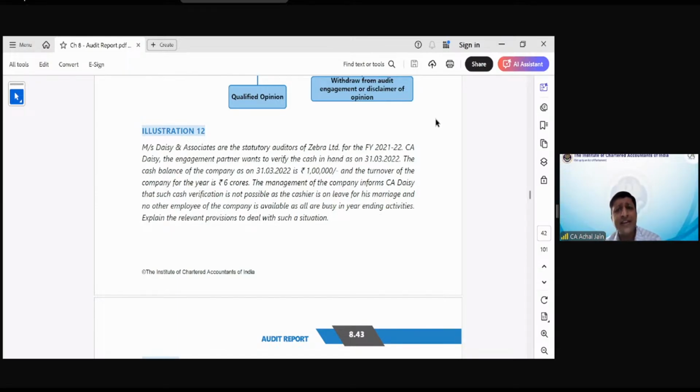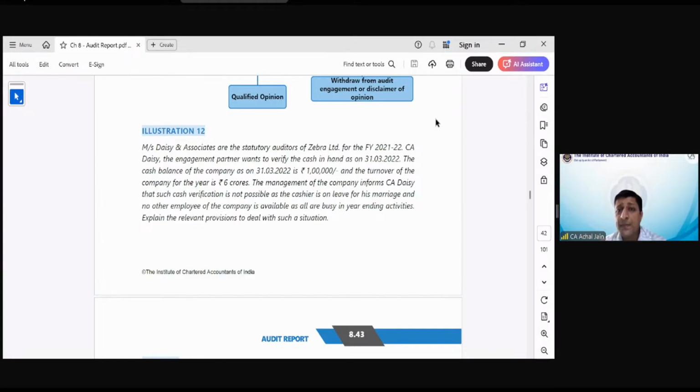She wants to verify the cash in hand as at 31st March 2022, meaning for the year end, she wants to verify the cash in hand. Now the cash balance of the company as on 31st March, when she plans to perform this procedure, is rupees 1 lakh. If you look at the turnover of the company for this particular financial year, it is rupees 6 crore. So that's the turnover of the company.